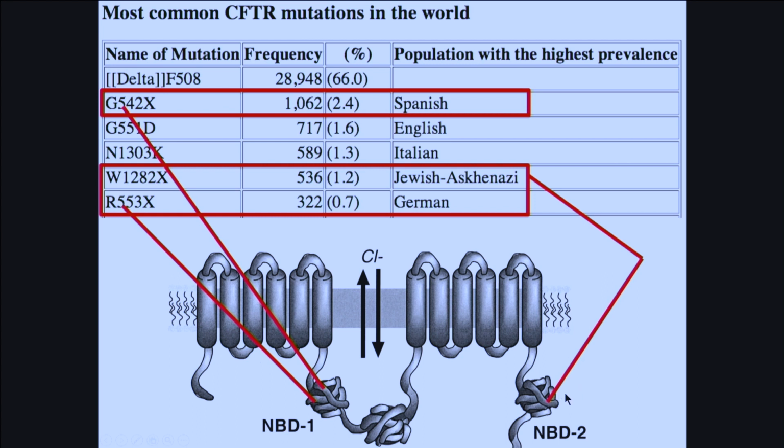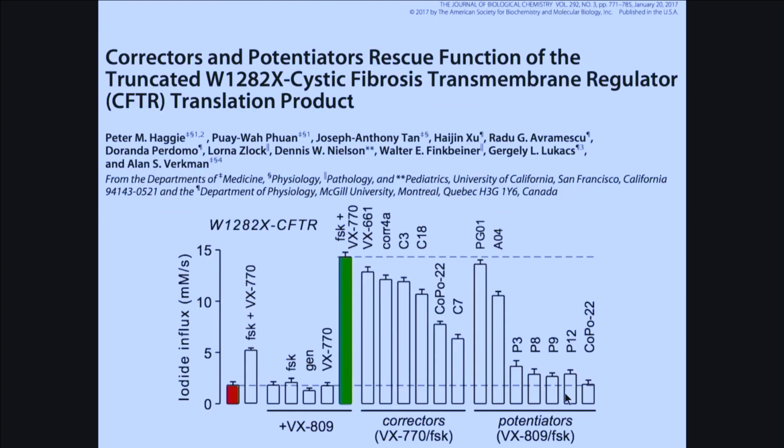And so there was a possibility of correcting this. And this is what indeed we found, using potentiators and correctors for this mutation, for which there's really no other therapeutic option. And this is work done by Pete Hagge, who spoke this morning in the research track, and so I'm sorry if I'm repeating anything he said.